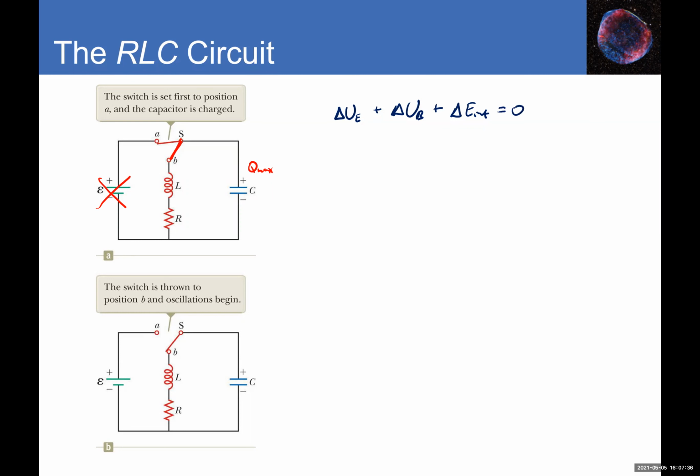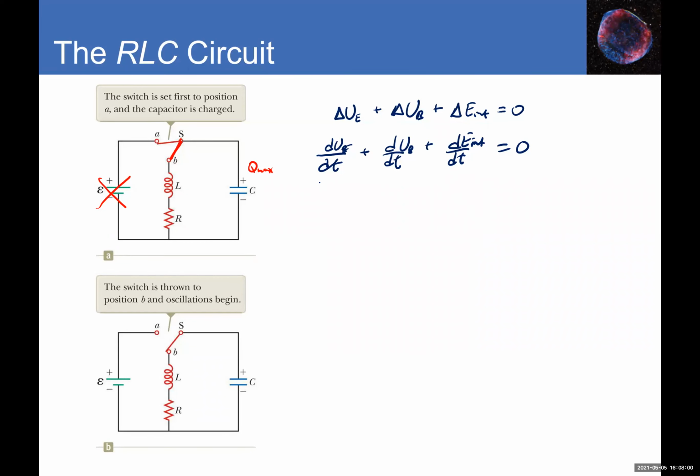That means the sum of the changes in potential energies gives us 0. Now, if I calculate the rate at which the energy is changing, so d/dt of U_E plus d/dt of U_B plus d/dt of E_internal, and then set this to 0.